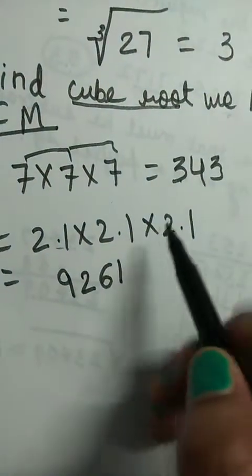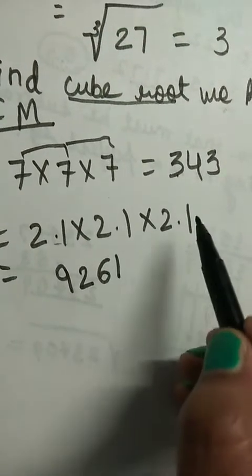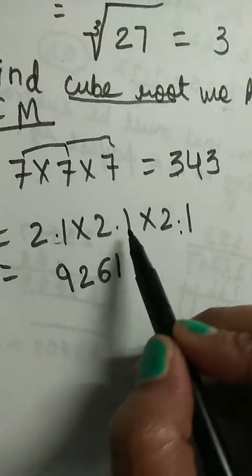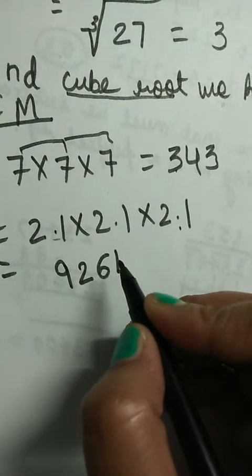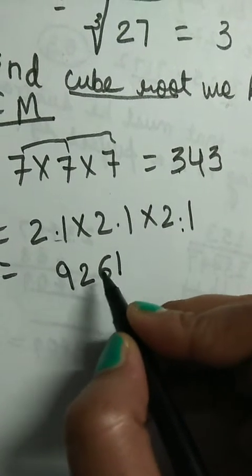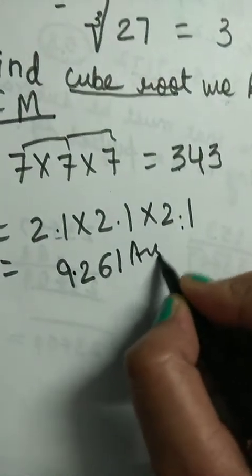Now you can see there is a decimal, so we will count the decimal places: 1, 2 and 3. So we will put a decimal after 3 digits from the right-hand side. So this is our final answer.